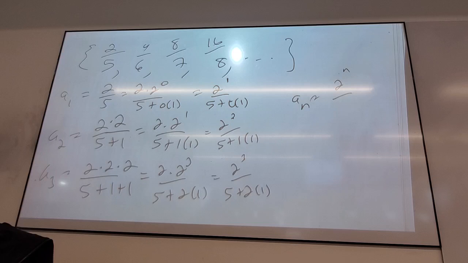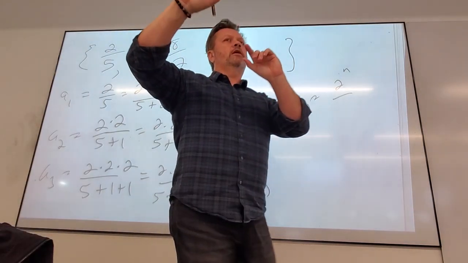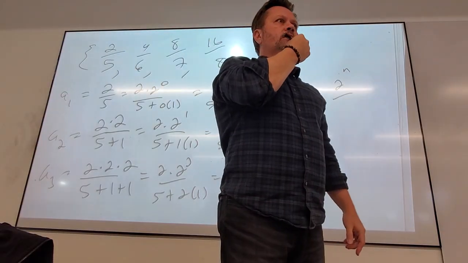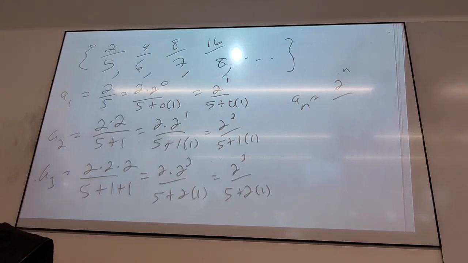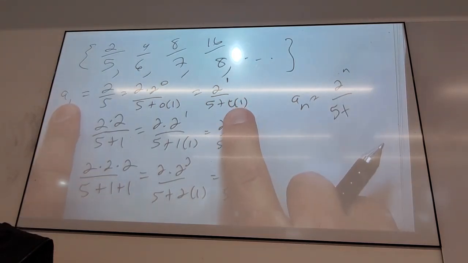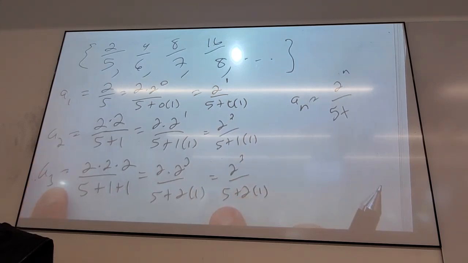Alright, do you guys see that? Do you see how that can get very complicated very quickly? This is a relatively easy sequence. And on the bottom, what do we see? 5 plus, for A1, this is 0 1's added to 5. A2, this is 1 1 added to 5. A3, this is 2 1's added to 5.